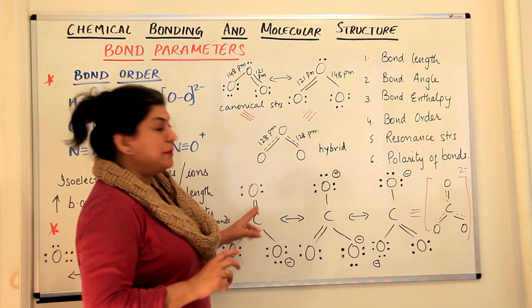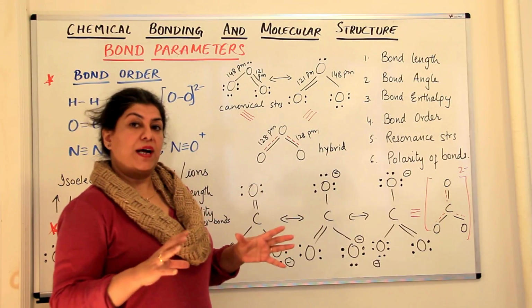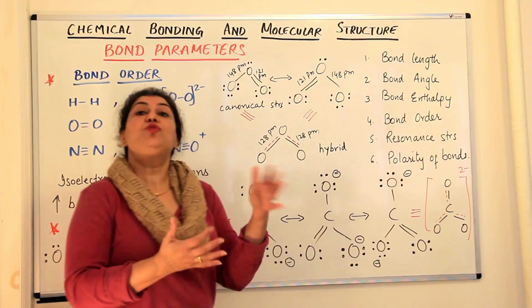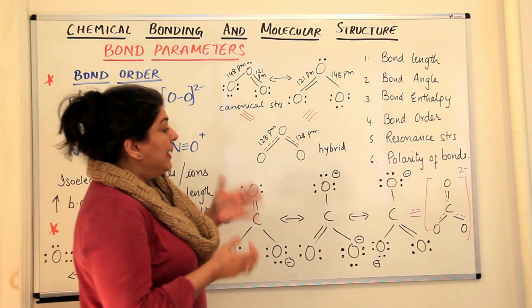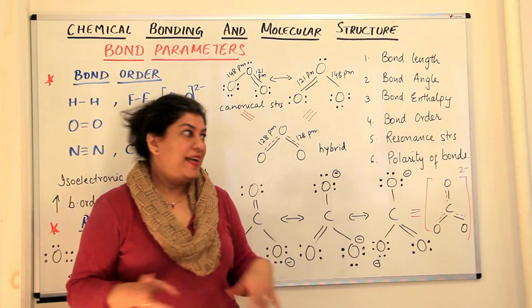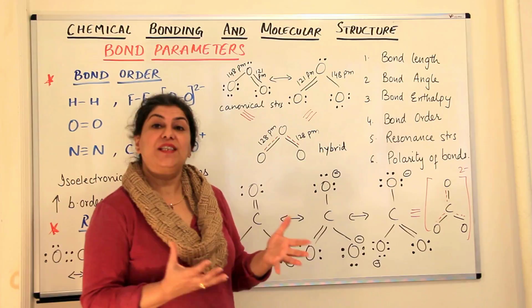And the one that has the double bond does not have a negative charge. So in the carbonate ion, the 2 negative charges are placed on the 2 oxygens which are bound by single bonds. But in the resonance hybrid, since all the 3 bonds are identical, it is not possible to specify which oxygens have the negative charge.